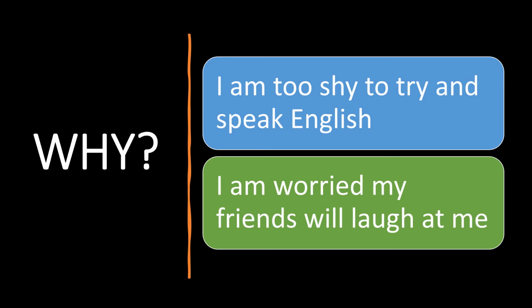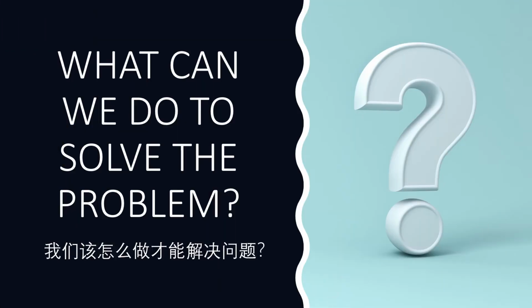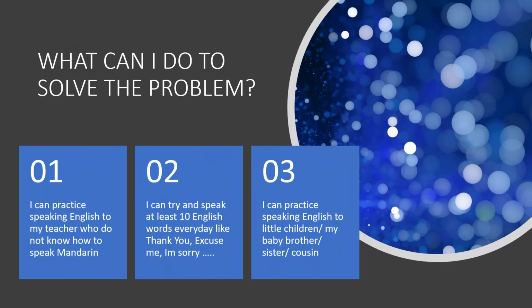Next one, what can we do to solve the problem? You need to give at least a few ways, more than one way. So number one, just now the problem is I understand English, I cannot speak English well.